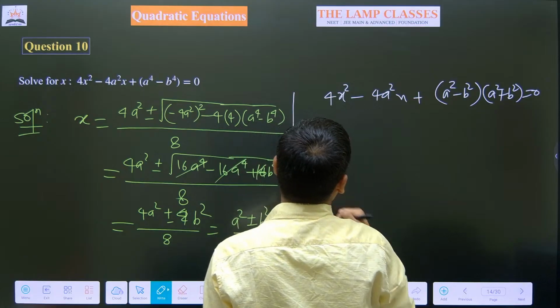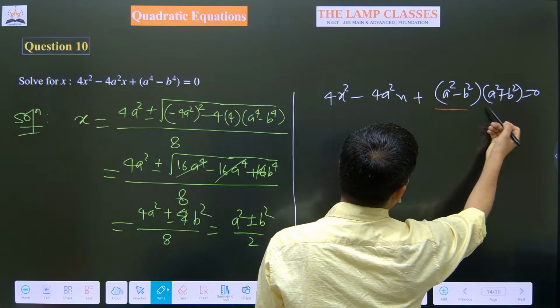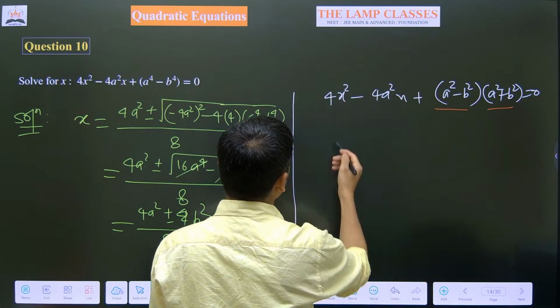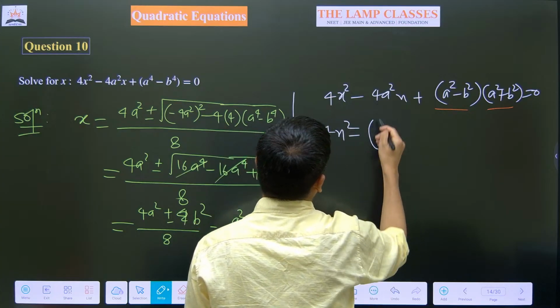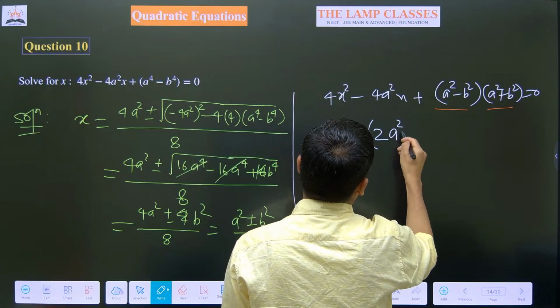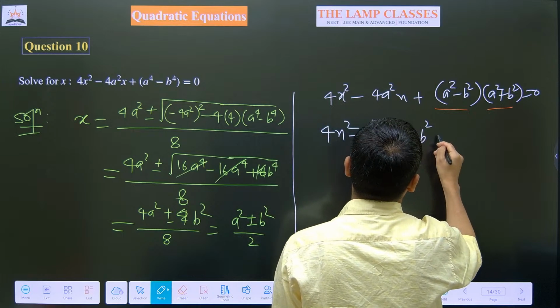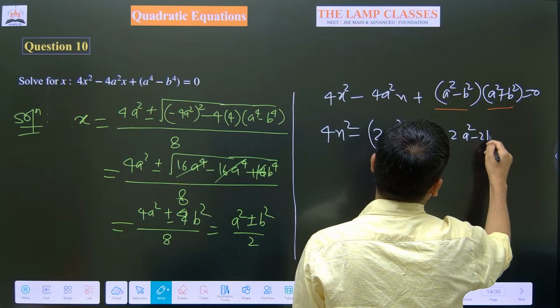And then, what is the sum of these two? It's 2a square, and if you see the sum of this, it's a square, right? So we can rewrite minus 2a square plus 2b square plus 2a square minus 2b square.